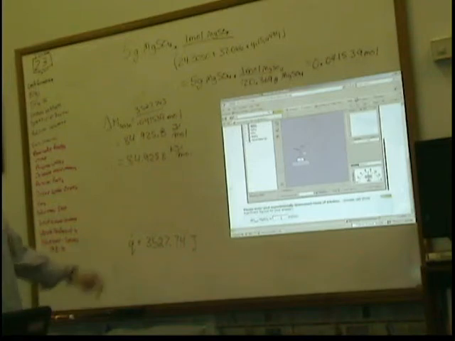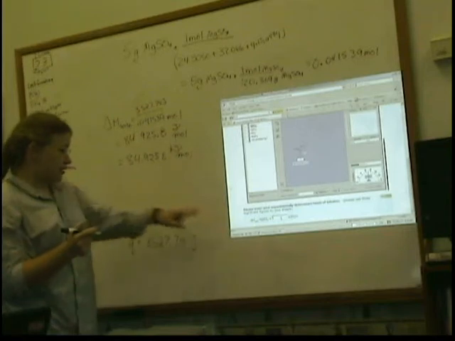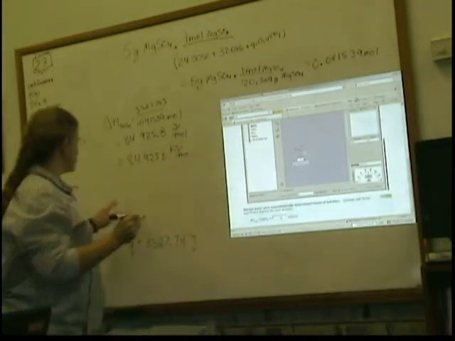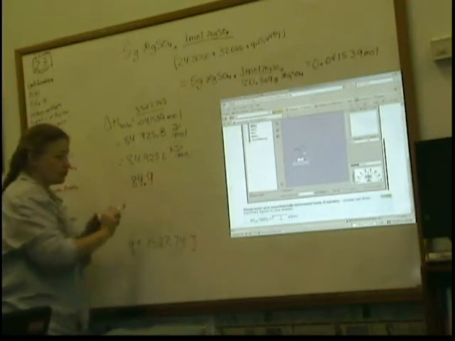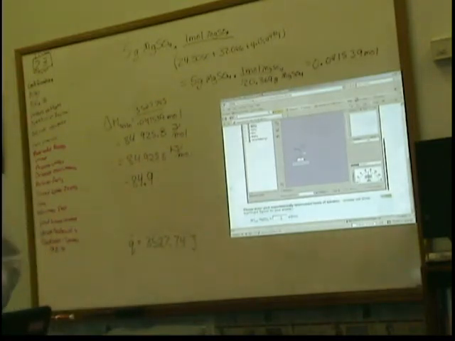Exothermic. So I need to actually make this negative, and it says please use 3 significant figures. So my actual answer should be negative 84.9. Yay, my answer is correct.